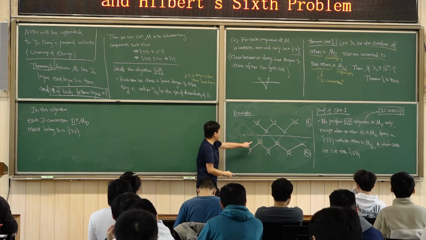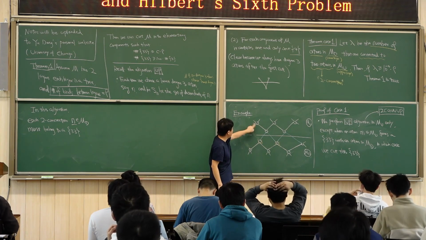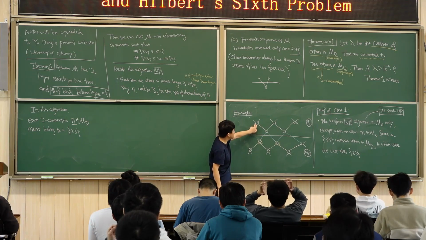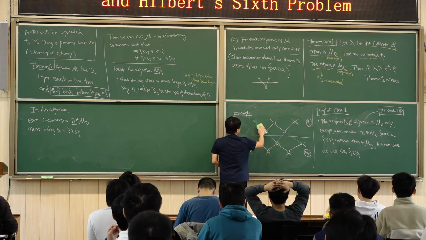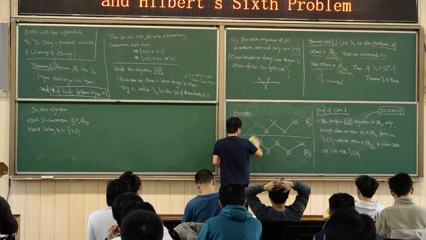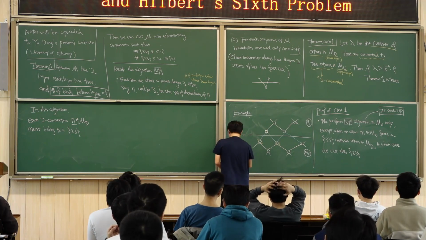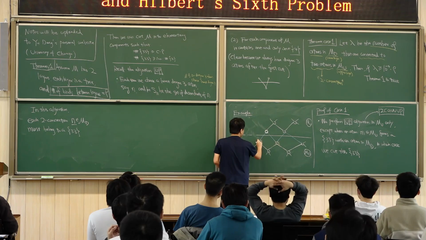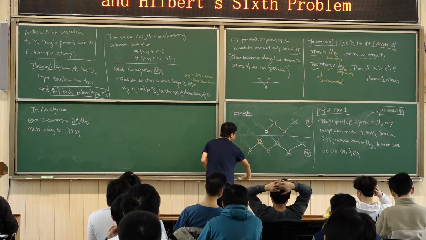Remember this atom we just showed, it becomes part of the 3-3. Next, let's look at this atom. This is lower degree 3, so we should cut it. And once we cut it, again, this atom becomes degree 3, and this box atom is still degree 3, and then we get another 3-3.